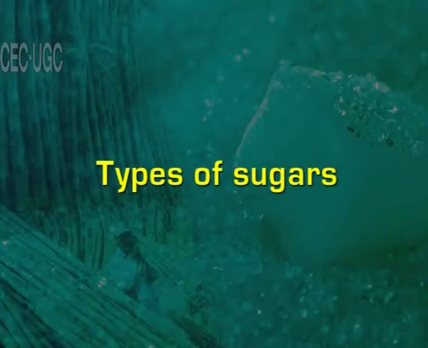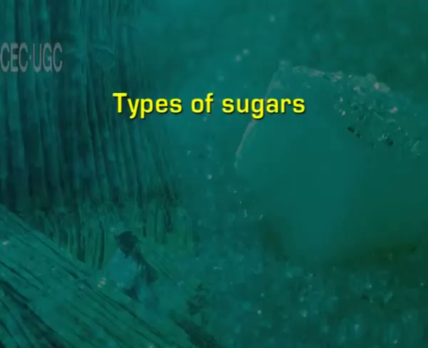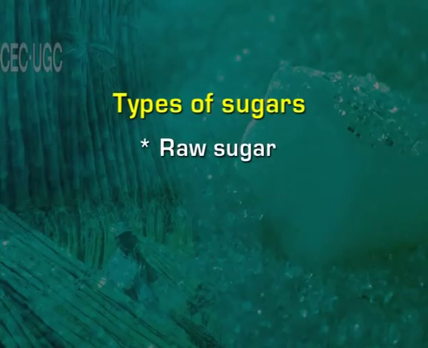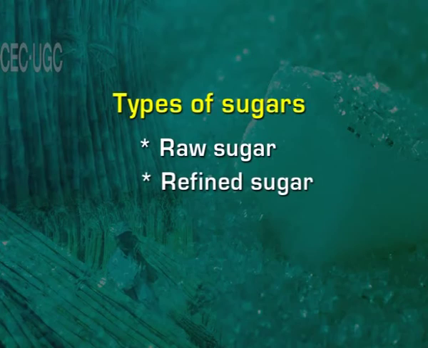Let us understand types of sugars. In India, sugar from sugarcane is obtained in 3 forms. They are raw sugar, refined sugar and white sugar.